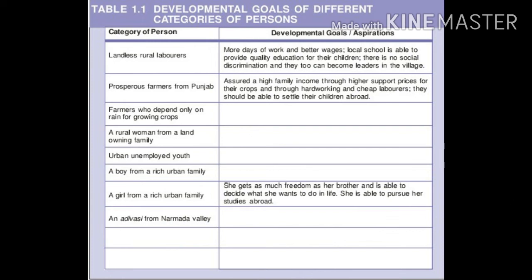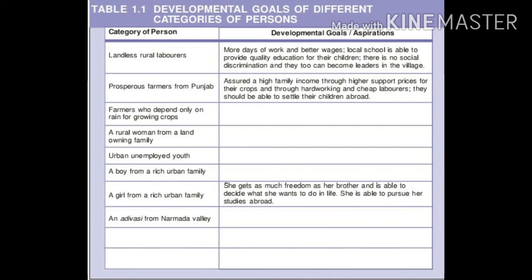And the urban unemployed youth. There are many people who are educated, but due to the huge population, they do not have a job. They want job opportunities to be created, so that they can work in different areas.